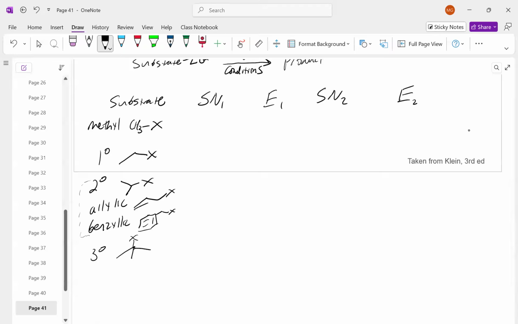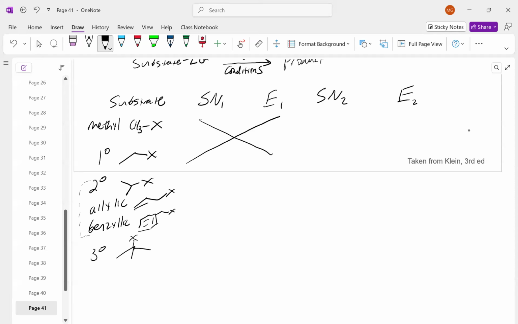All right, so when we look at the substrates, there's certain trends that we've already talked about. We're just going to summarize them here in this table. For example, SN1 and E1 can never occur on methyl or primary leaving groups, simply because for SN1 you cannot form a stable carbocation. Methyl carbocations and primary carbocations are so unstable you can never form them.